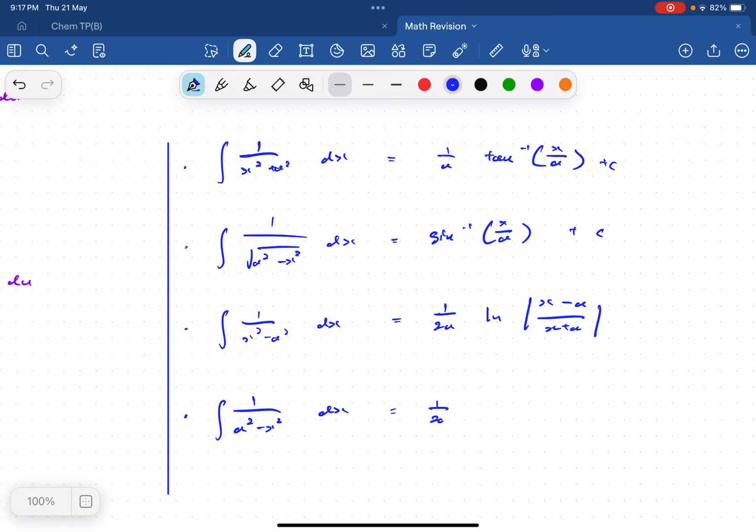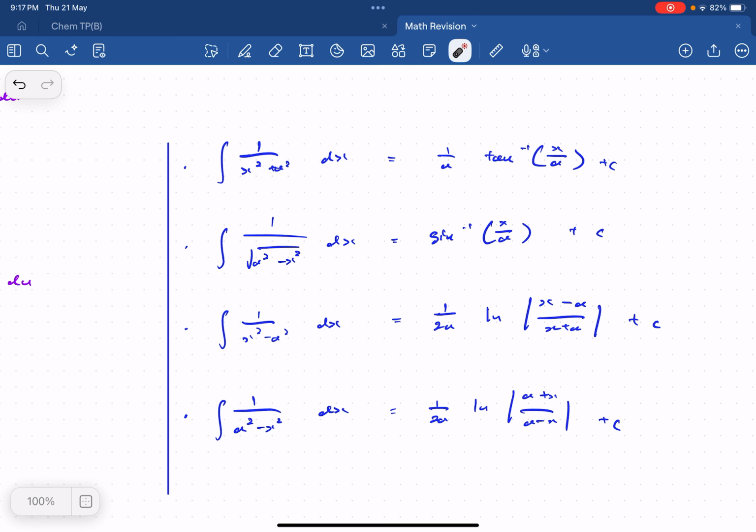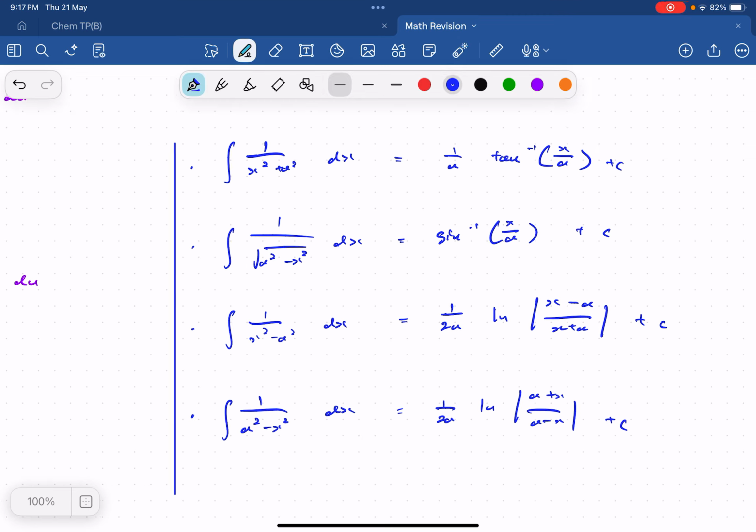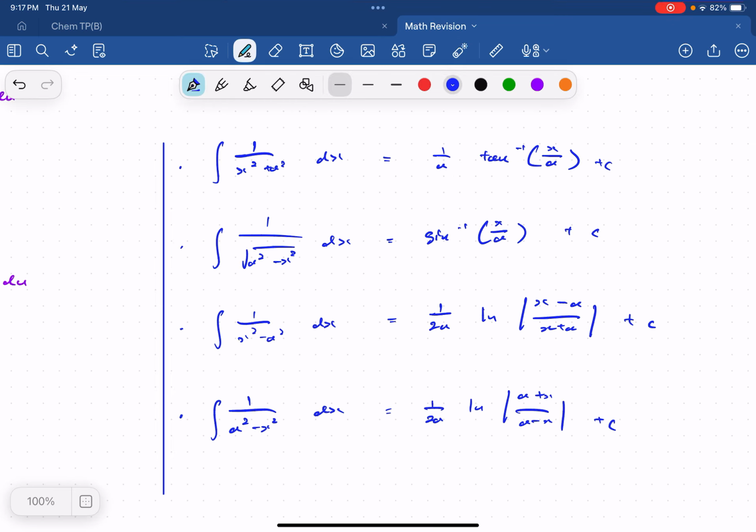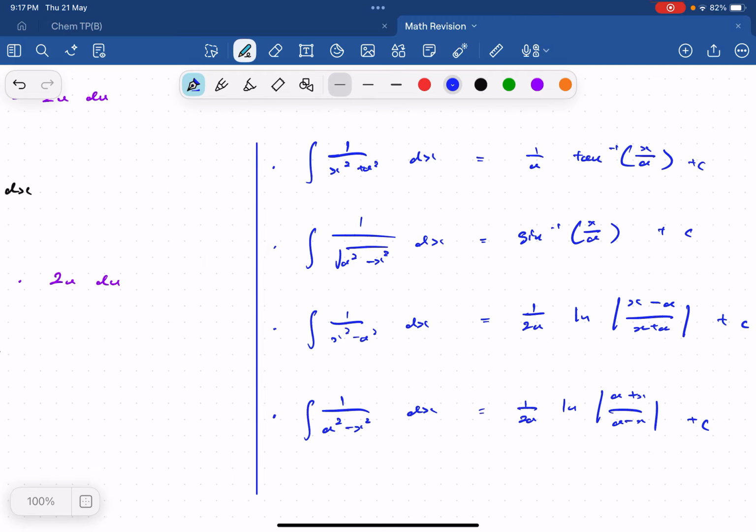And then if I have a squared minus x squared, this is going to be ln of a plus x over a minus x. And of course, remember your plus c's. Now in MF27, this one they give as curly brackets, not as a modulus sign. But then in the absence of the conditions that are given in the formula booklet, you need to know that because I don't know if this is positive or not, this has to be a modulus.